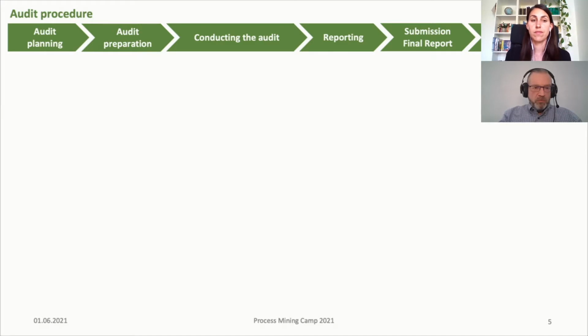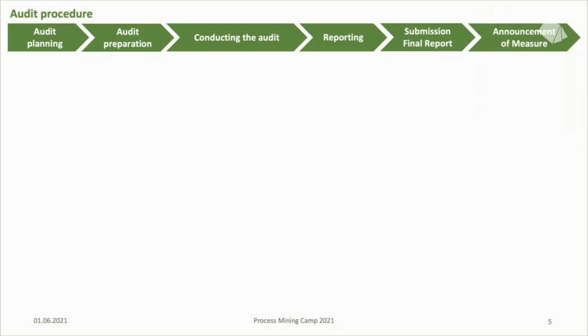The way we want to show you this audit task is our audit procedure. We can see there, beginning with the usual audit planning, then audit preparation, the main task of conducting the audit, which includes the process mining part, and so on. At last, the announcement of measurements for an audit procedure.